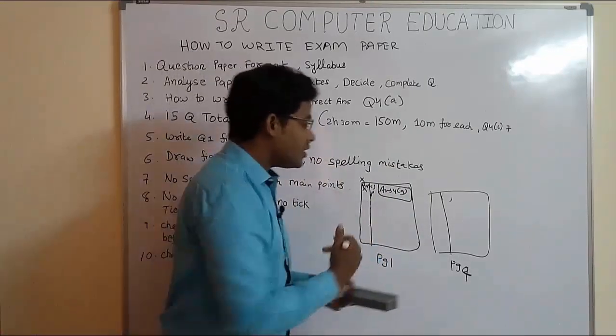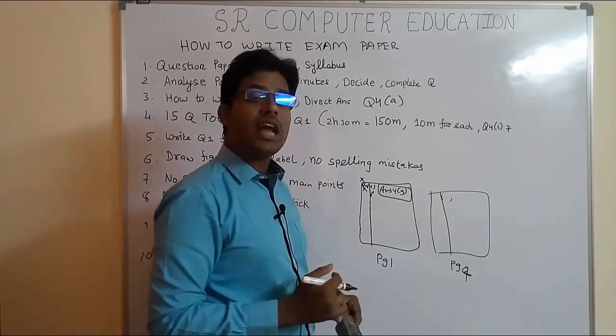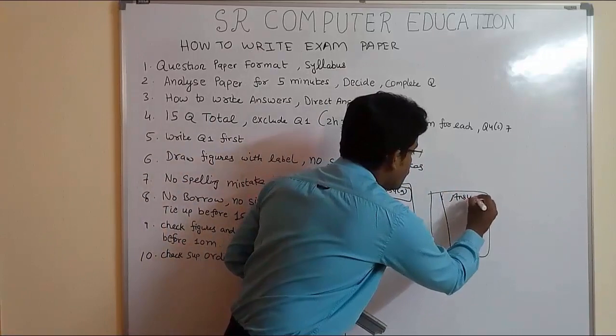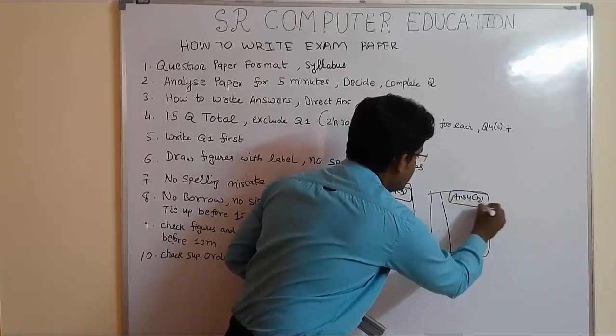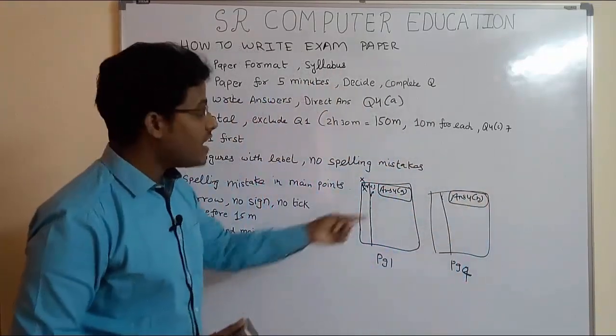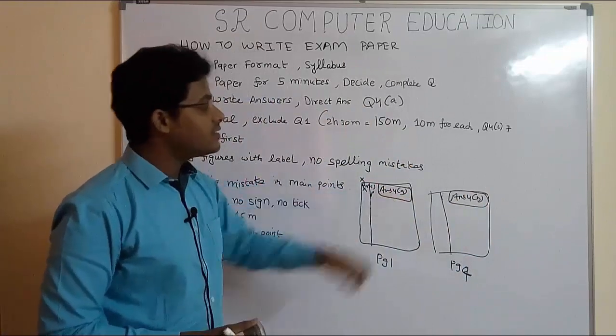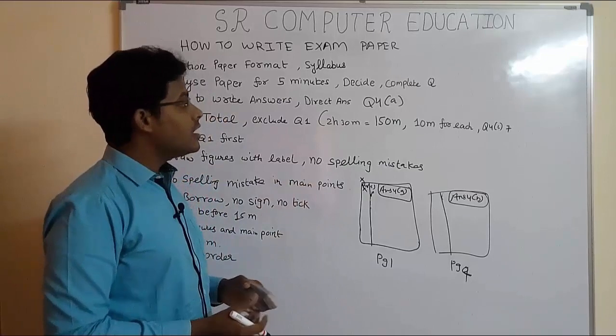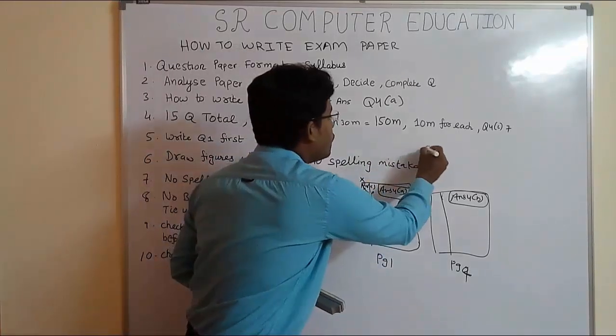Suppose after 3 or 4 pages you want to write answer 4b, then you write like this: answer 4b. So when the examiner is checking this, he knows that it's answer B of question 4. Another thing is that students write question 4a.